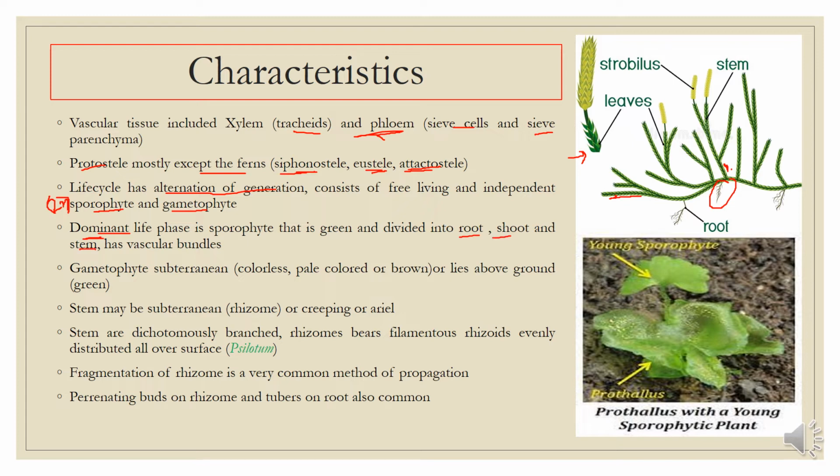So the entire plant body is divided into root, shoot, and stem. And on the tip of the stem, that is terminally, the strobilus is born. The strobili are the spore bearing units. The sporophyte or diploid generation produces strobili that contain spores, which are haploid.